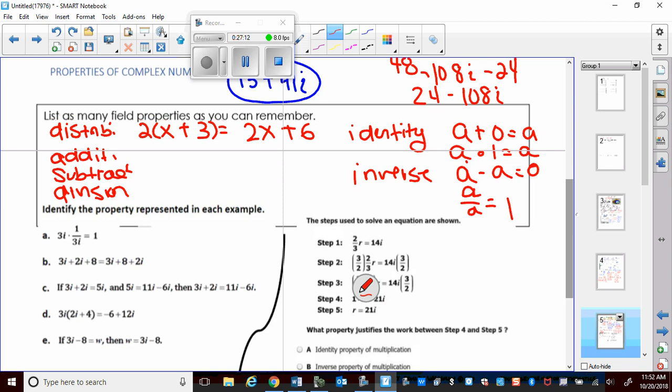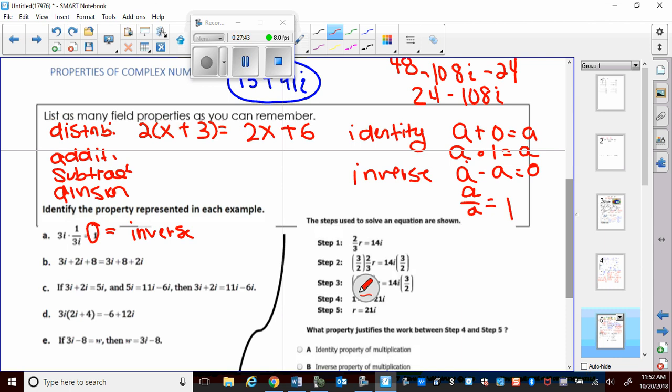Here I have this equals, when you produce 1, you're either getting the inverse or the identity. So typically it's the inverse, so you're multiplying by a reciprocal here. So this is the inverse property of complex numbers. Next one, I think I skipped over the associative property, where they change the order of things.